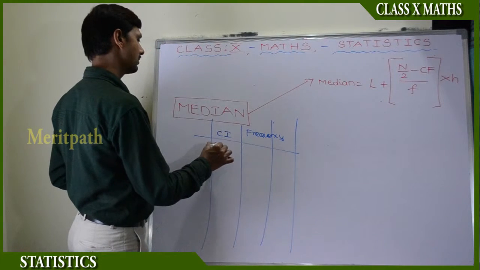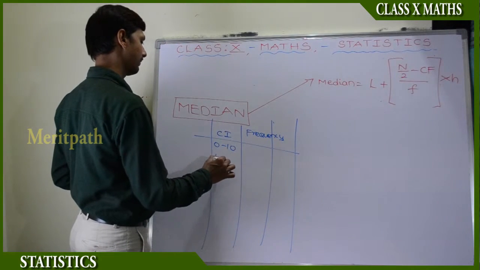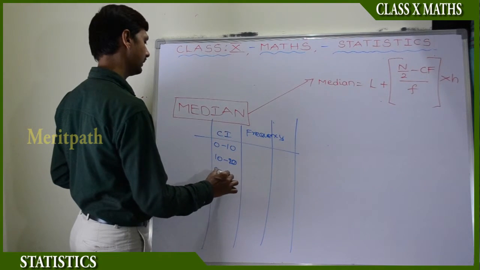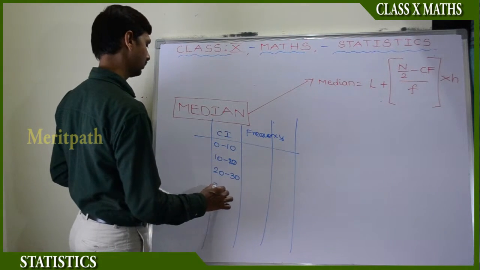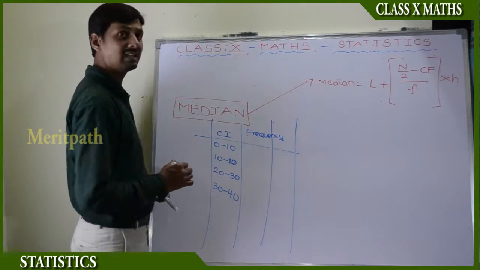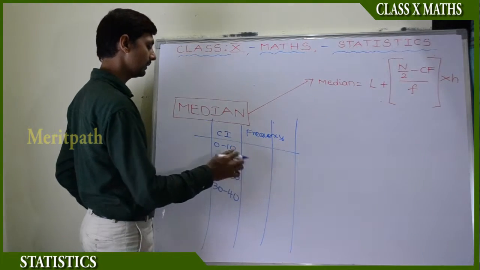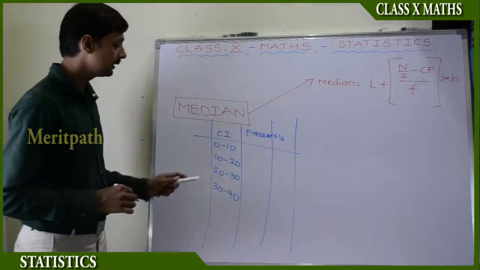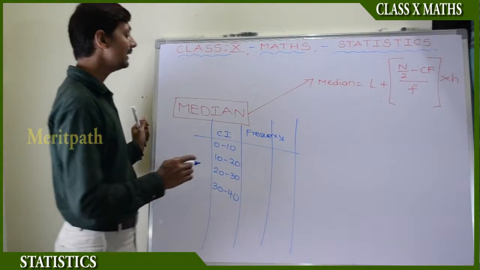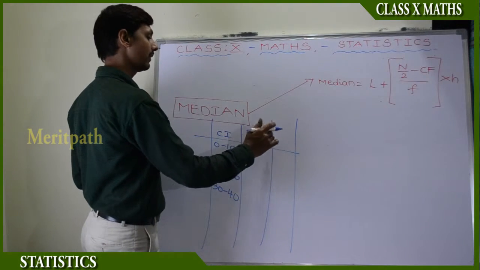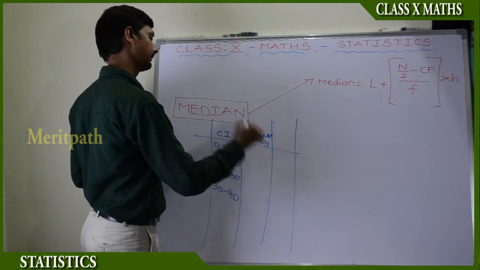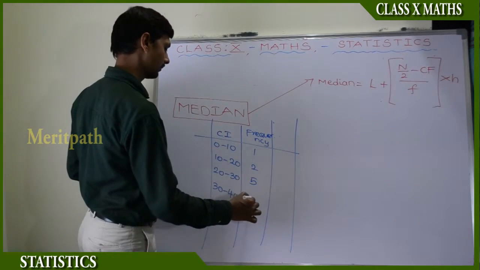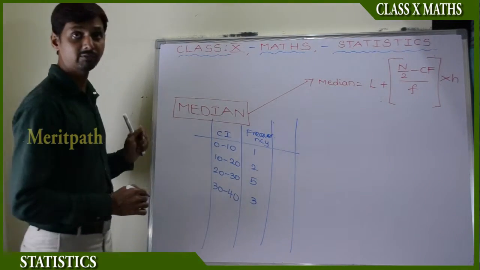The class intervals we have taken are 0 to 10, 10 to 20, 20 to 30, 30 to 40, and the frequencies, let's take as 1, 2, 5, 3.